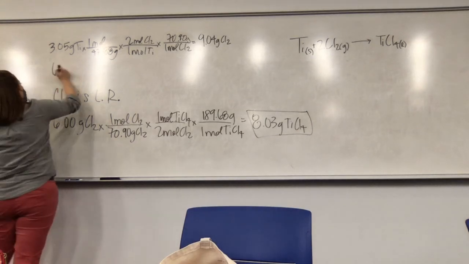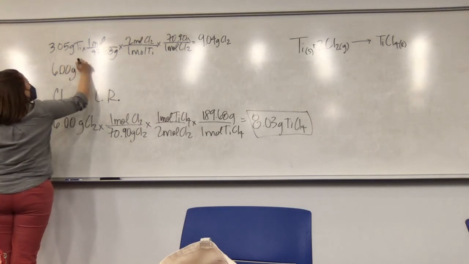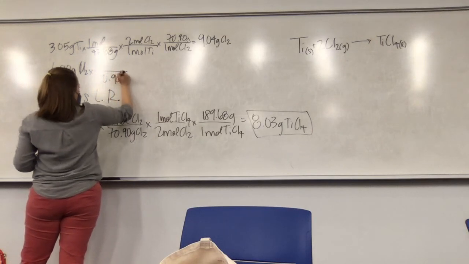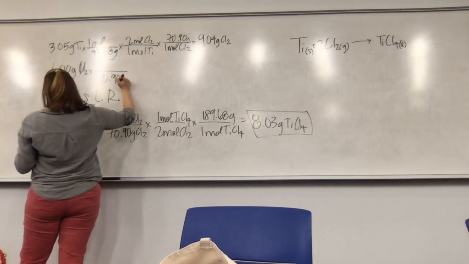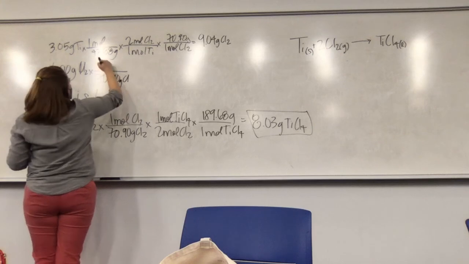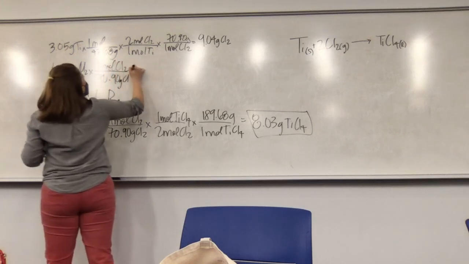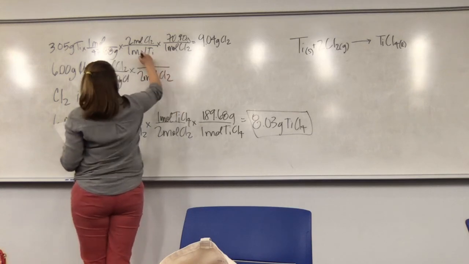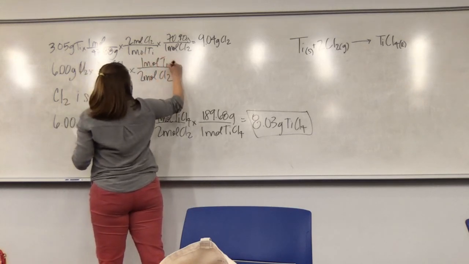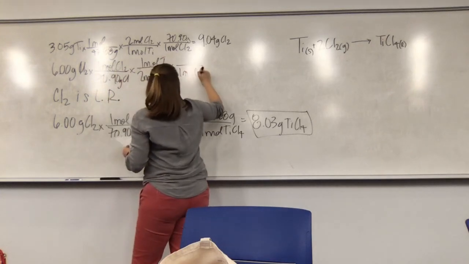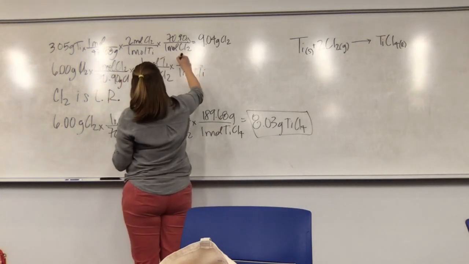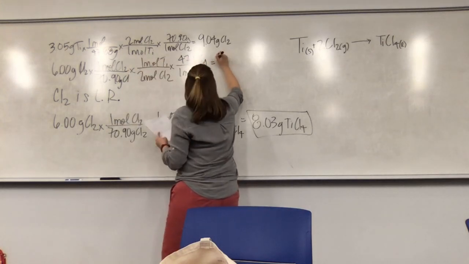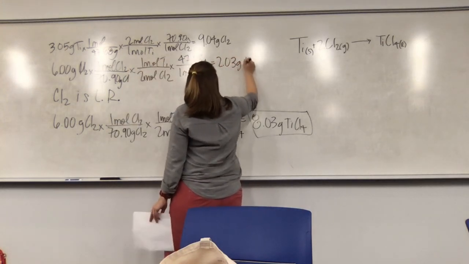So we're going to take our 6.00 grams of chlorine gas, divide by the molar mass of 70.9 grams of Cl2 in 1 mole of Cl2, which gives us 2 moles of Cl2 for every 1 mole of titanium. 1 mole of titanium is 47.88 grams, and that gives you 2.03 grams of titanium.